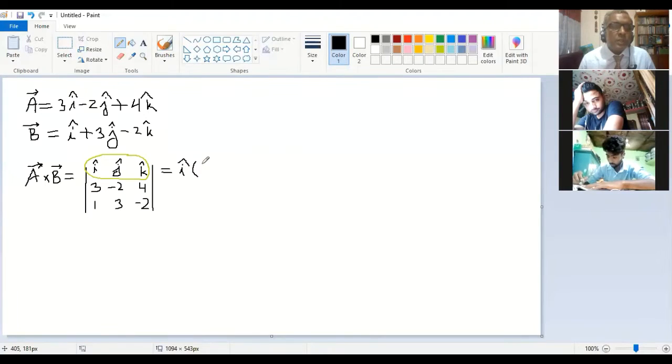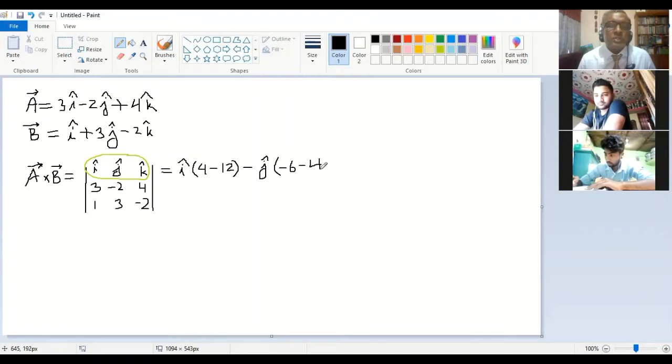So it will be 4 minus 12. And then you write minus j, and within the bracket, 6 and minus 4. So this is the second part.